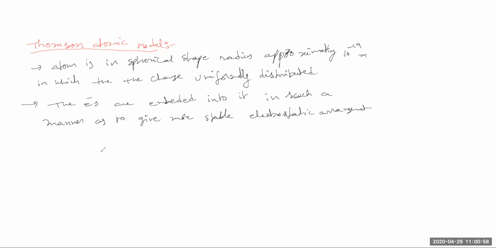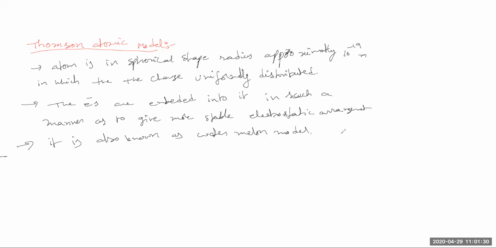More stable electrostatic arrangement. This atomic model is also known as the watermelon model. So here, what does watermelon mean?